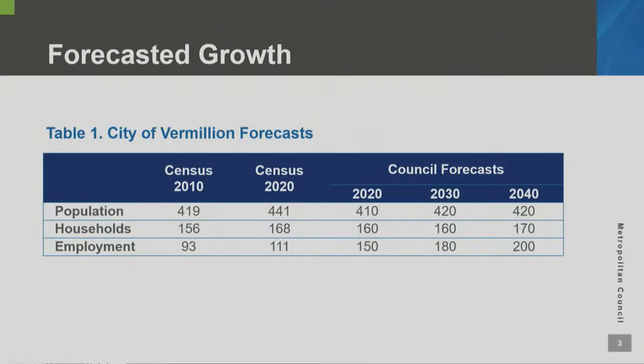For a community like the city of Vermillion, where you see their 2020 population census is 441, which is higher than what we projected, their land use plans actually don't need to change all that much to support the growth that they've apparently already accommodated in their population, because you'll see that their households are actually right about where we expect them to be too. So pretty modest.